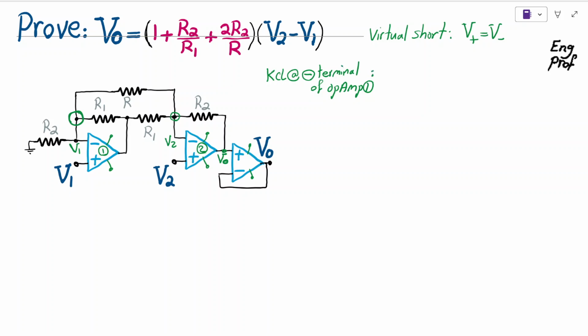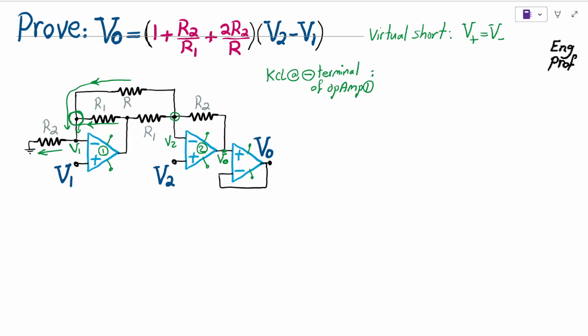To do that, you can see what's happening is one current is going this way, another current is going this way, and these two currents add up together and become the current that is going through R2, because nothing can go through the input terminal of an ideal op-amp with infinite impedance. So let's just write the KCL.